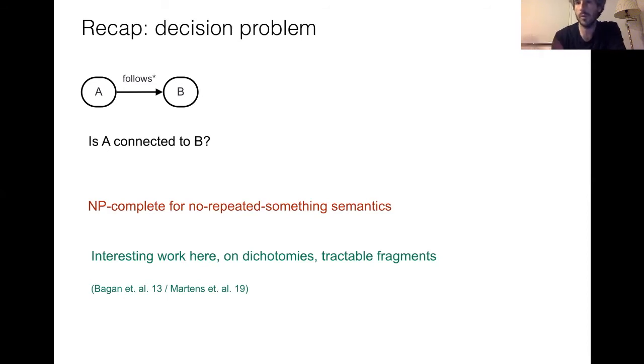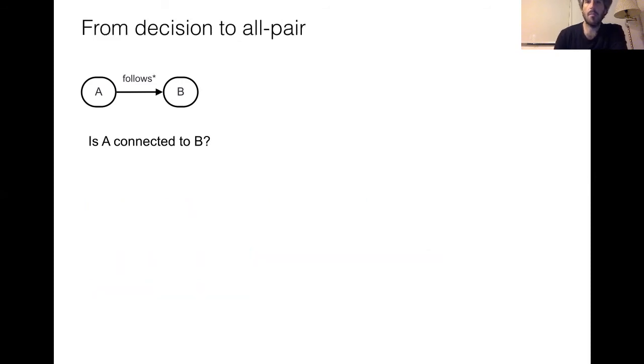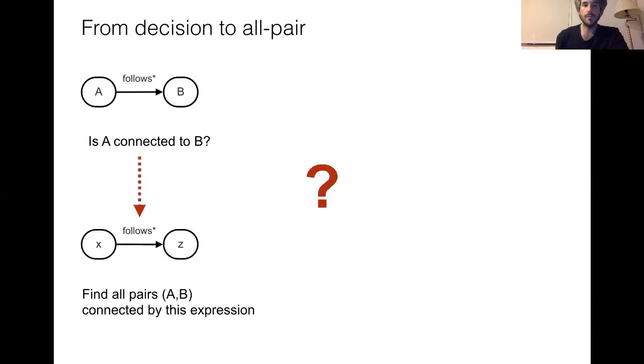So more or less we know what you can do and what you cannot. But now there is the problem of lifting this into the all pair computation. So we know the decision problem. What can we say about computing everything?